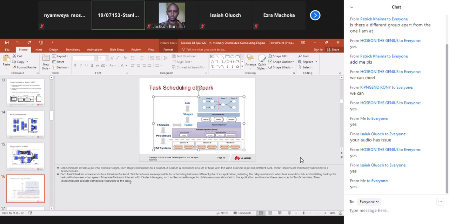And the scheduler backends interact with clusters. These are different clusters, with cluster managers such as the resource manager to obtain resources allocated to the application and transfer these resources to task schedulers. Then the task scheduler allocates computing resources to the tasks.